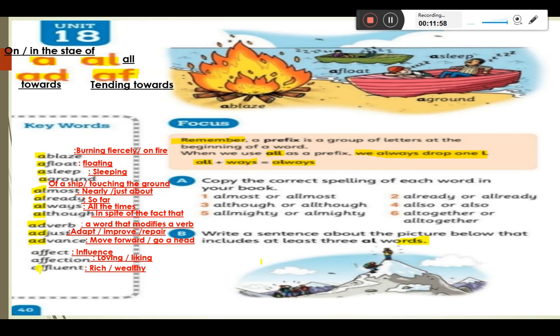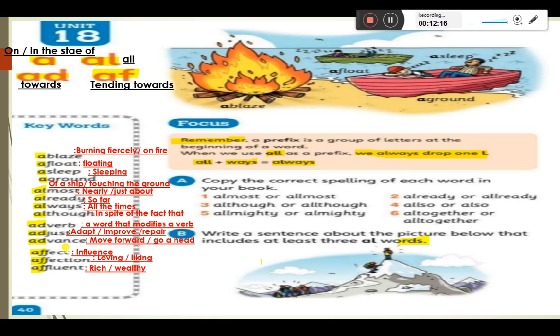In the last group we have affect, to have an influence on something or someone, affection, to be fond of someone, and affluent.